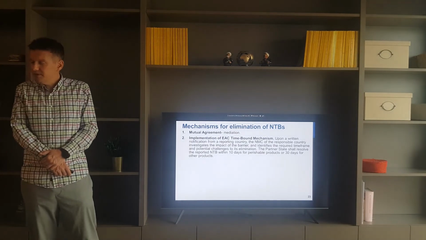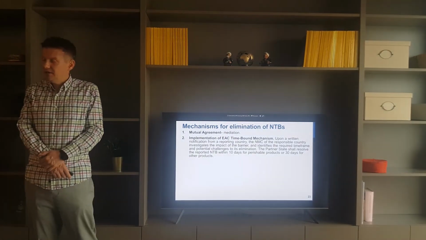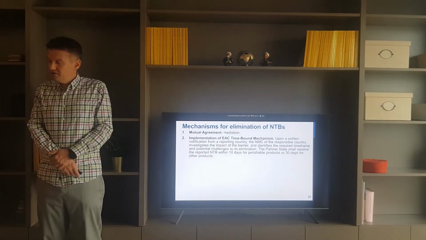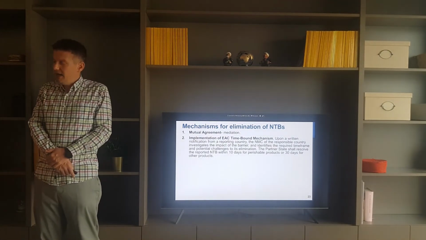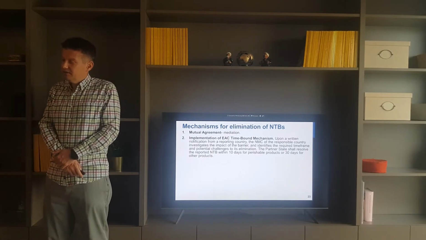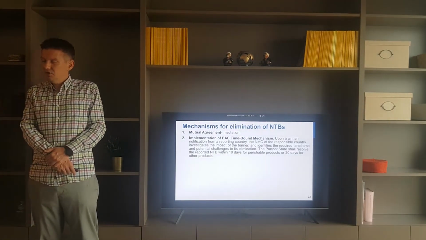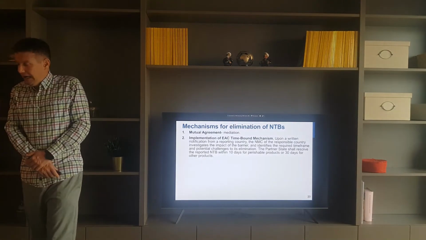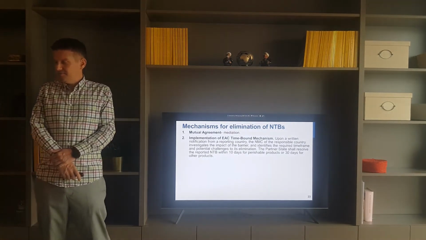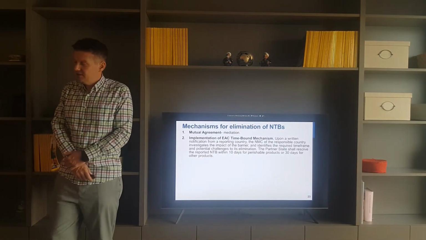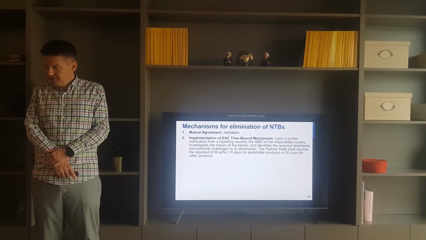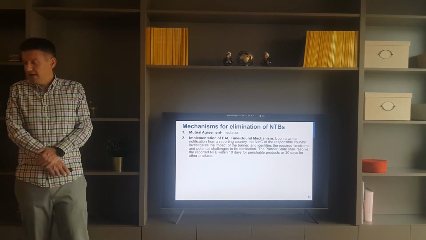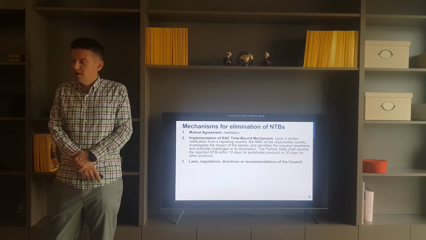Upon a written notification from a reporting country, the National Monitoring Committee of a responsible country investigates the impact of the barrier, identifies the required timeframes and potential changes that need to take place. And under some circumstances, the assumption is that the partner state which has the NTB in place shall resolve the reported NTB within 10 days, possibly for perishable goods, and within 30 days for other products.